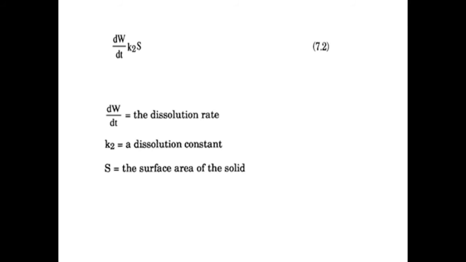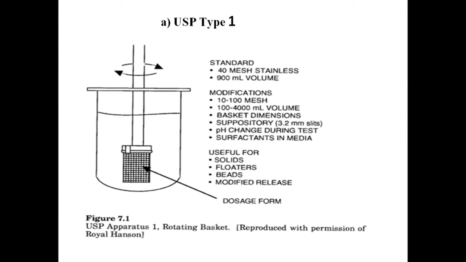Next, apparatus. For a dissolution test to be used universally to control the consistency of the pharmaceutical dosage forms, some controls must be placed on the type of apparatus used.